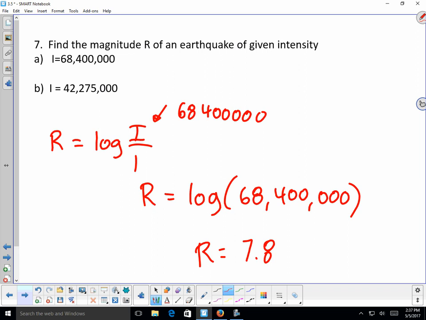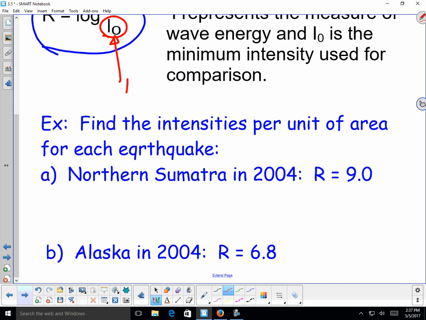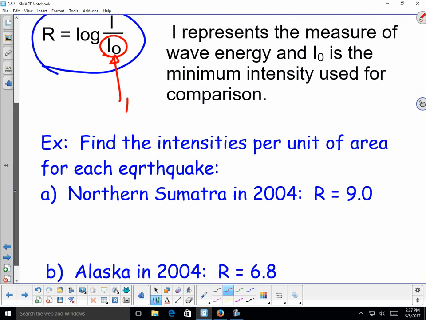Okay, let's go back to this example though, because I think this is another interesting one. If I tell you the Richter scale rating is 9, can we find the intensity? So then I would say 9 equals log I, and then what would I do to find the intensity? Anna? Put it in exponential form.